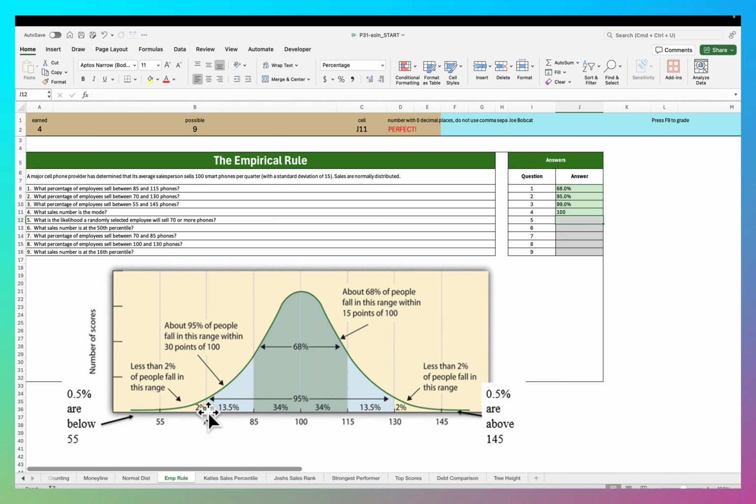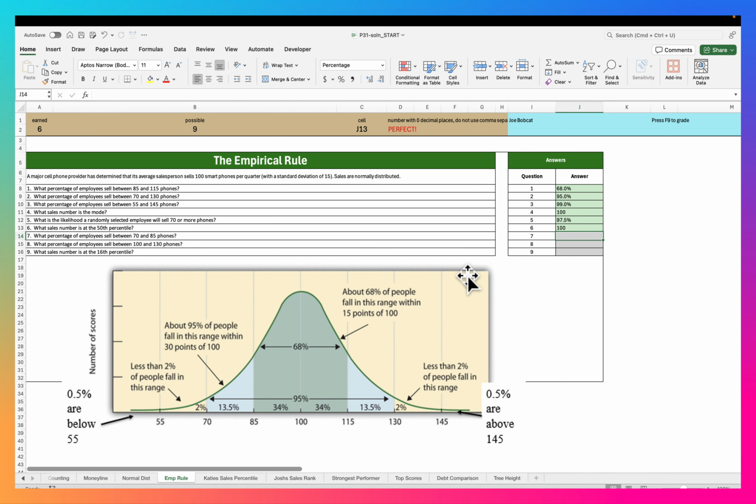It'd be a lot easier to figure out how much was left in the tail, which is the 2% plus the 0.5%. So that's 2.5%. So basically just take 1, subtract 2.5, and we'll have it at 97.5%. What sales number is the 50th percentile, which is also the middle, the balancing point, the median, because remember, mean, median, and mode are the same, so that's 100.